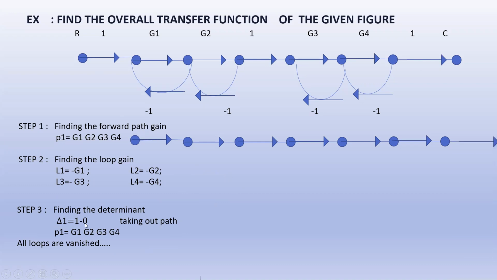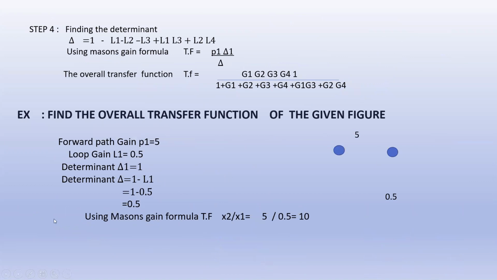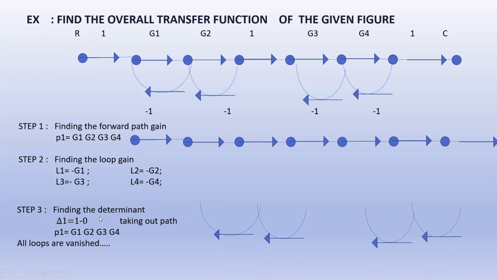This is how our diagram will look if we remove all the nodes involved in the forward path P1. We don't have any loops, so the determinant is 1. I hope you have understood this isolated forward path determinant.